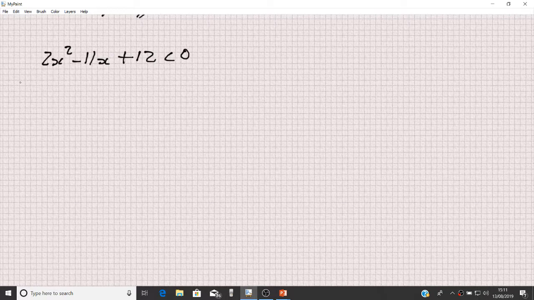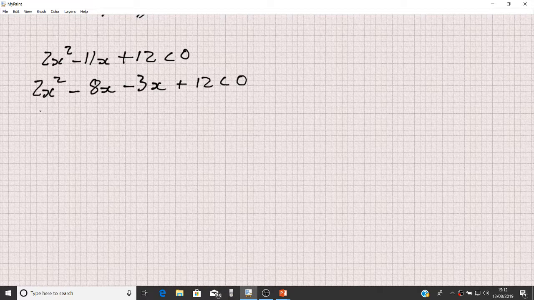Now I just want to factorize this one. So I'm looking for two numbers that when I multiply them will give me positive 24, and when I add them together will give me -11. So that's going to be -8x and -3x plus 12 is less than 0.